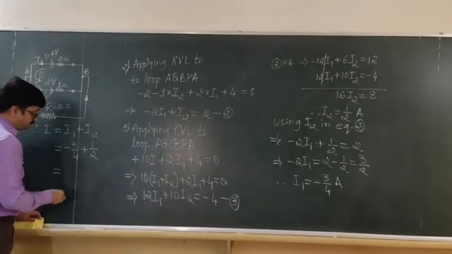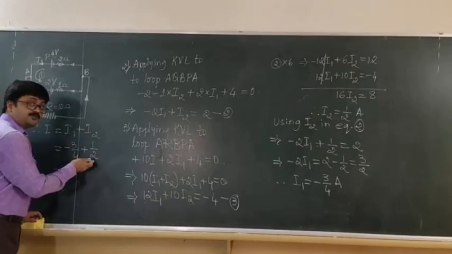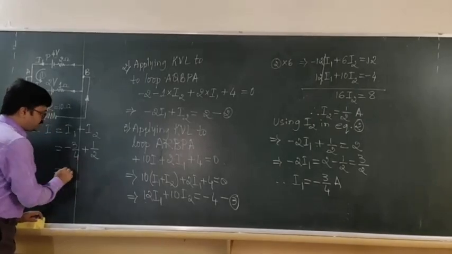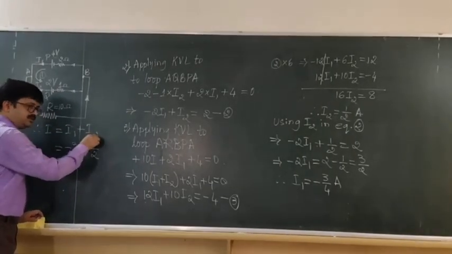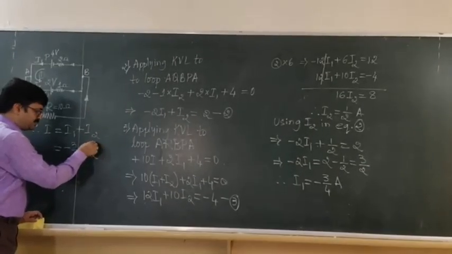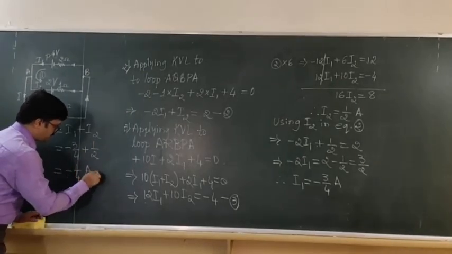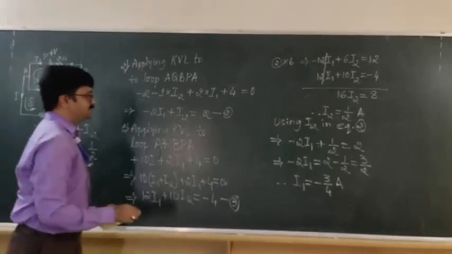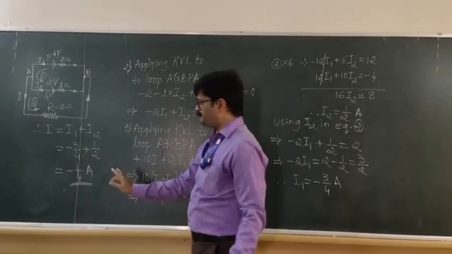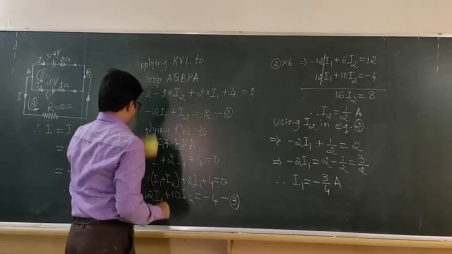Very clearly, this is minus 0.75 plus 0.5, or you can write it in ratio form. 4 is the LCM here, so we get minus 3 plus 2, which is minus 1 by 4. So minus 1 by 4 ampere is the current that we have obtained. Fine. Since the current value is 1 by 4 ampere, that is the magnitude. Now let us find the potential difference in the last step.